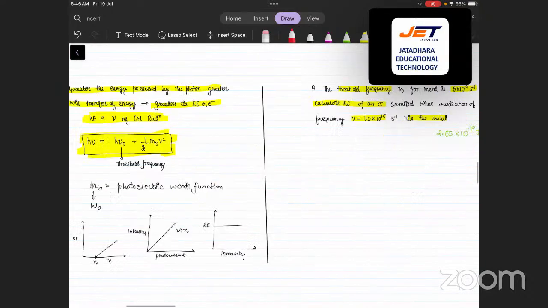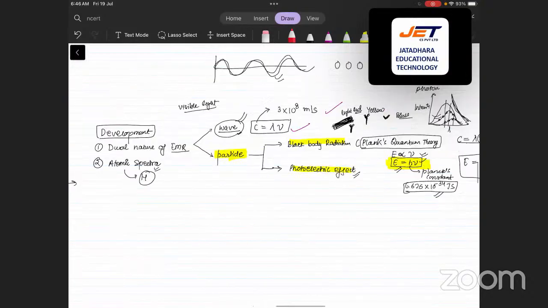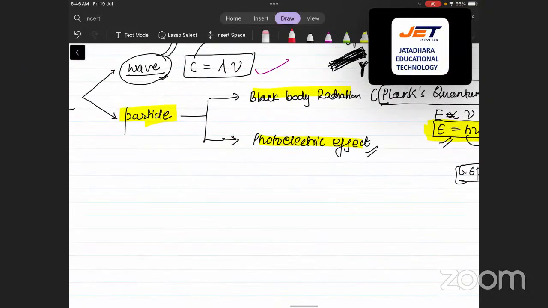What he observed is that there is a certain minimum frequency that will be required for the ejection of electrons. So let's suppose this is a metal, this is sodium, right? Let's suppose this is potassium. When he radiated red light, there was no ejection of electrons.